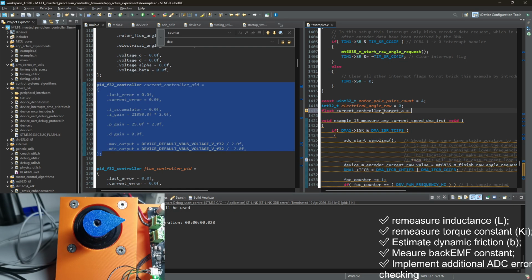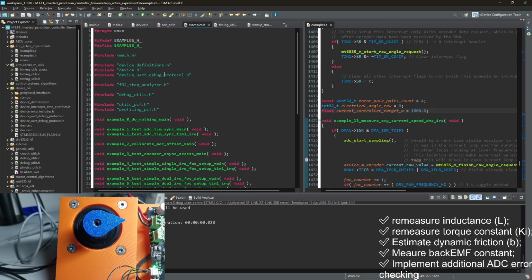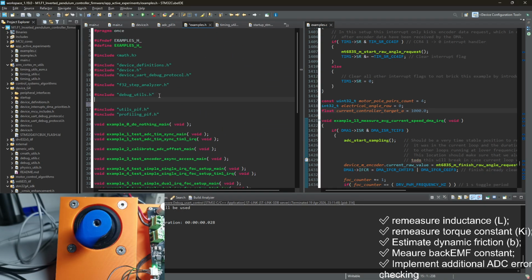It will be equal to, let's say, 1000.0 milliamps. Hold on a second. Include physics utils, and here we will do our favorite milliamps.